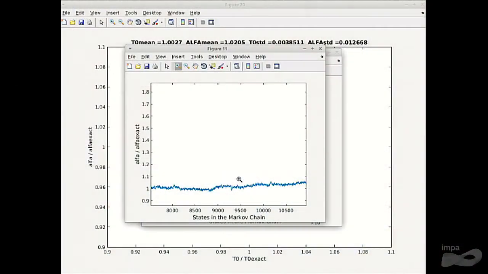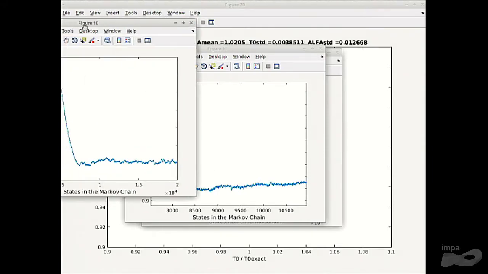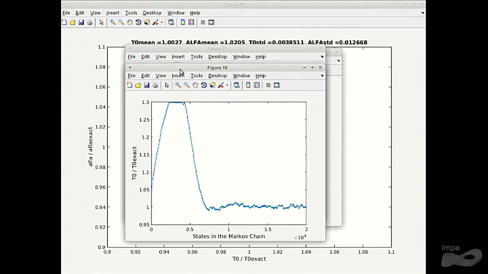So this is for alpha, and this is the value for T0. We start from 1.05, but we go up. This is probably the upper limit, above which it's never accepted.